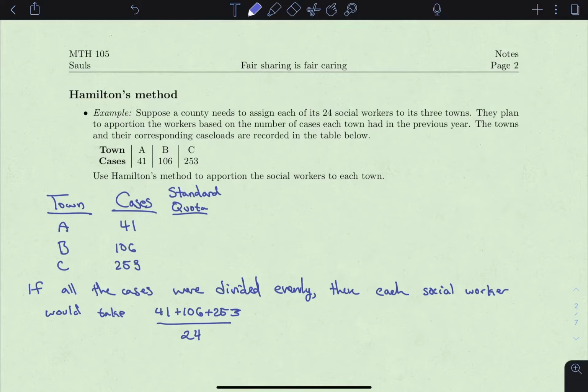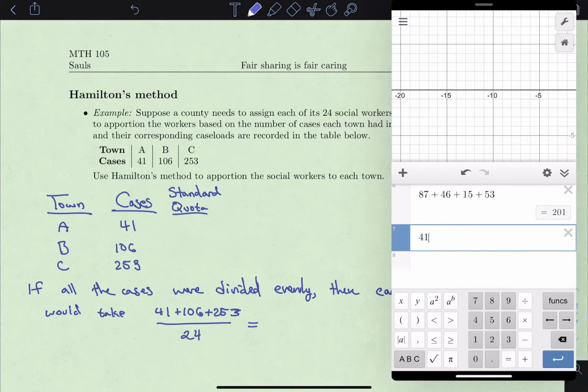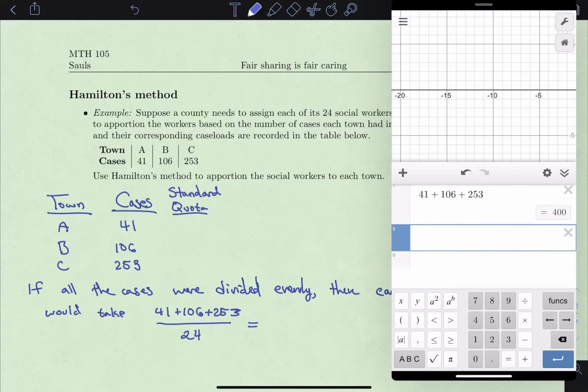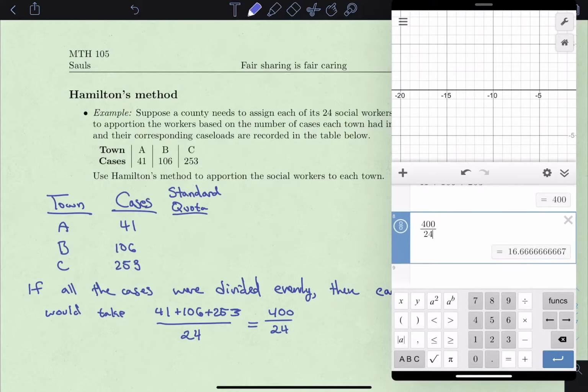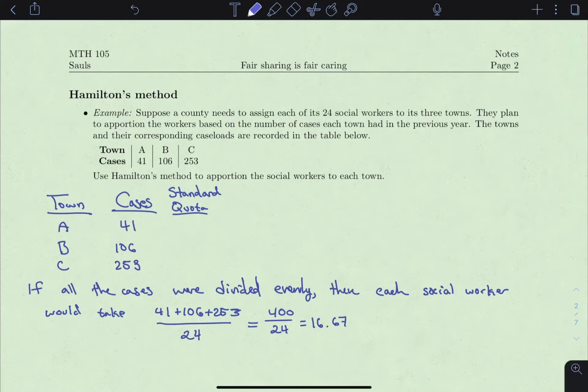And the numerator there is the total number of cases, and the denominator is the total number of social workers. So let's go ahead and add those numbers up. 41 plus 106 plus 253 is 400 even. So there's 400 total cases. There's 24 social workers. And so that means that each social worker should get about 16.67 cases. That was if everything were perfectly equal.